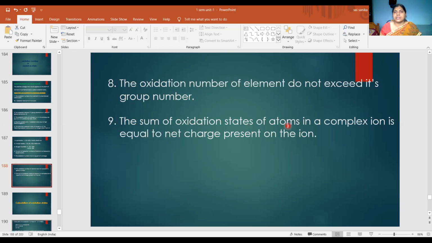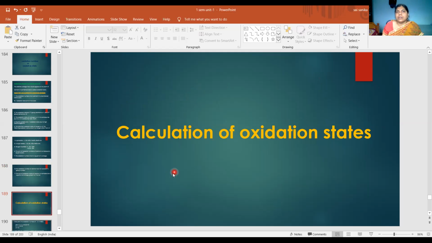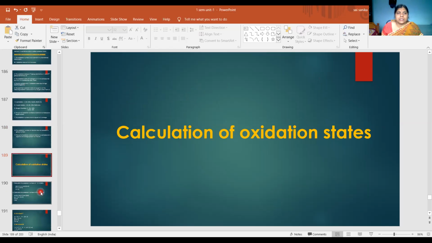The sum of oxidation states of atoms in a complex ion is equal to the net charge, that is the total charge present on the ion. You have to remember these, then only you can calculate the oxidation states.